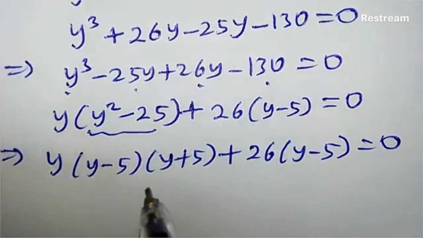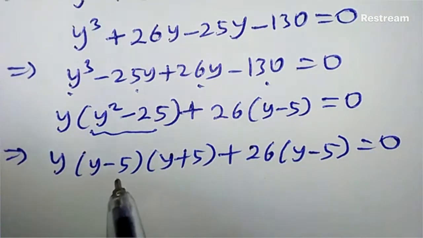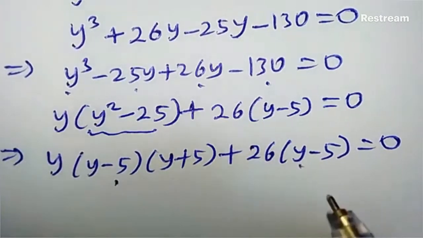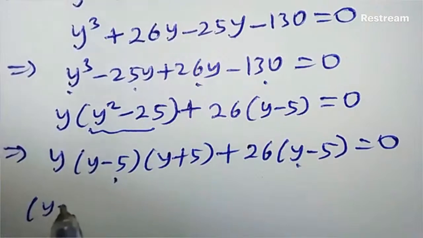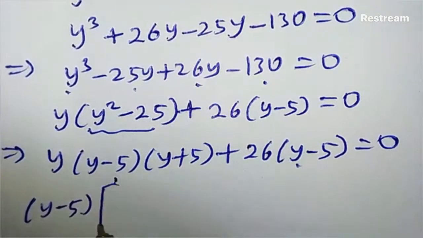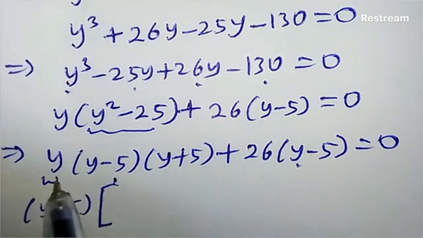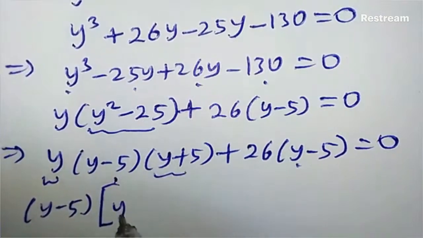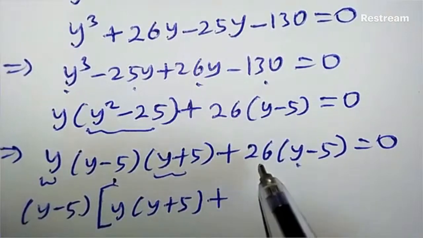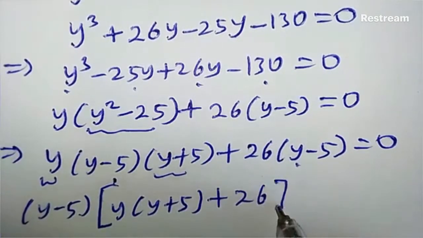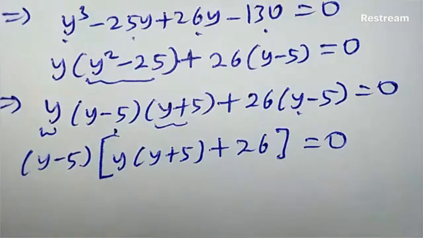Now, you will observe that y minus 5 is common. So let us pull it out. So we're going to have y minus 5 into, we are left with y times y plus 5, plus 26 equals 0. Let's proceed further.